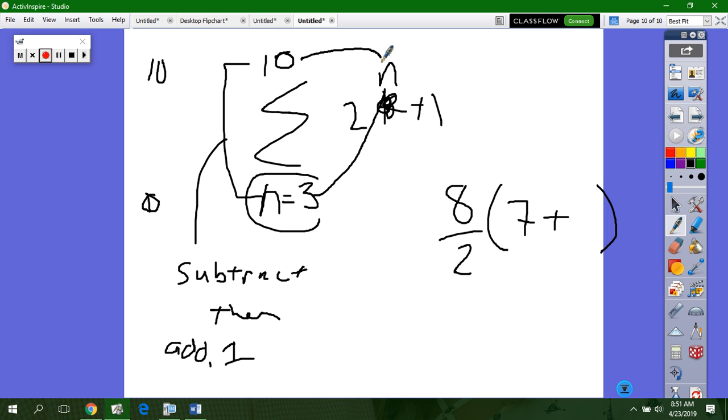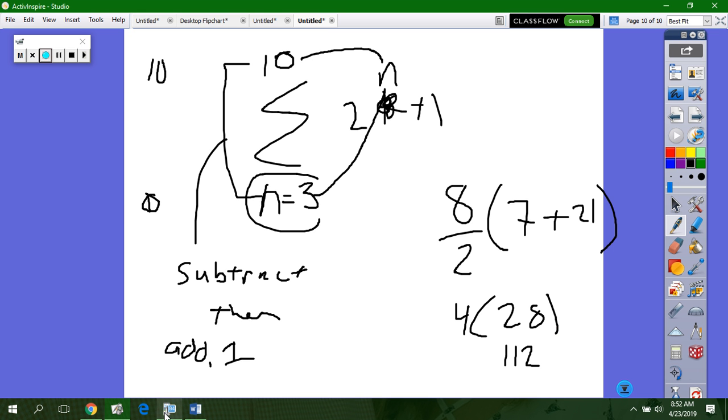I'm going to plug in 10 for n. 2 times 10, 20. 20 plus 1, 21. So this is 4 times 28, which is a lovely, lovely 112. 8 divided by 2. Because remember, how many terms are there? 8 of them, and remember we group them by pairs, so there's 4 different pairs. Remember that?